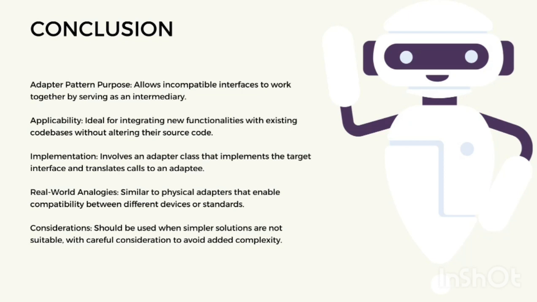Implementation is nothing but the execution. It involves an adapter class that implements the target interface and translates calls to an adaptee. The real-world analog is a physical adapter that enables compatibility between different devices or standards.